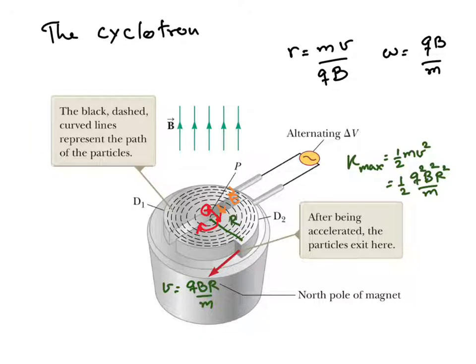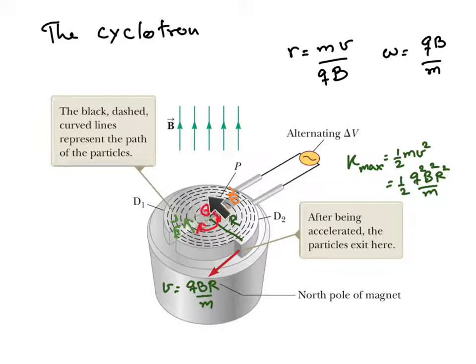And when the particle moves back to this point, the alternating source will switch the polarity, which means that it switches the direction of the electric field. You can see that now the electric field will point in this direction, which means that the positive particle, when it comes to this point, will be accelerated again through this gap, and the radius of its trajectory will increase.